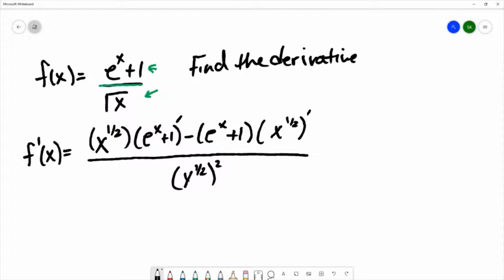So this is applying the quotient rule because we have a quotient in our original function.